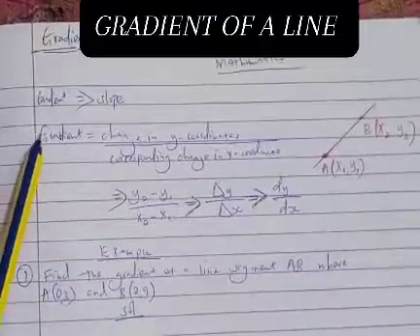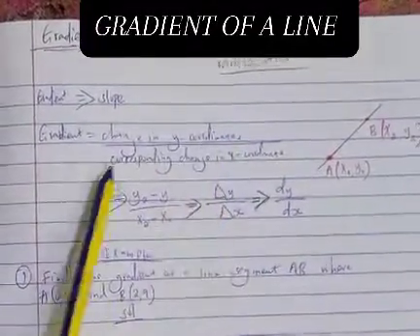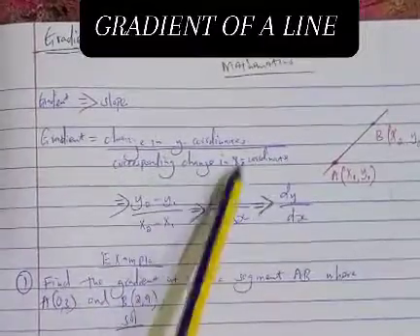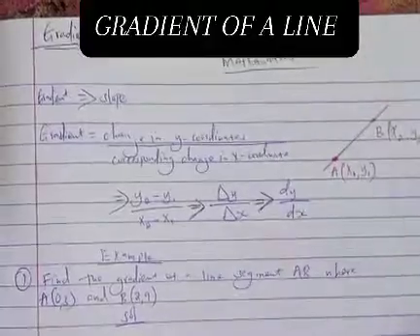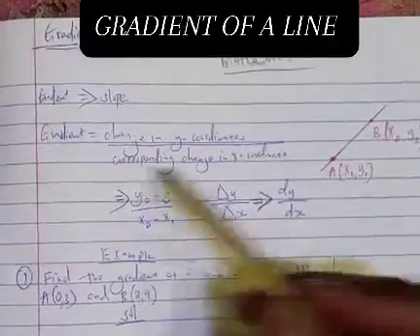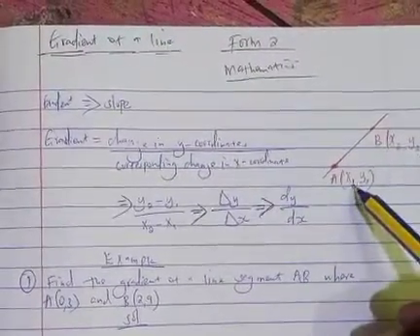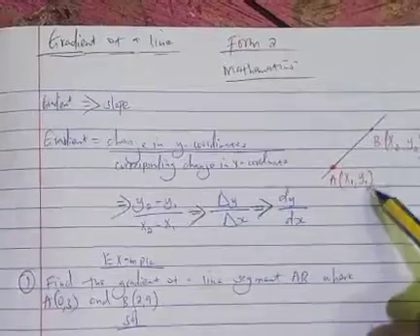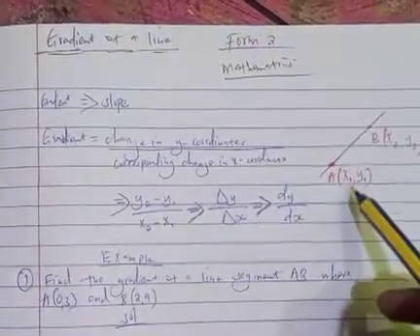So we have gradient has the formula change in y coordinates over the corresponding change in x coordinates. The word corresponding means if you are taking y2 minus y1 over, you again take x2 minus x1. If you started with y2 minus y1, then you say over x2 minus x1.